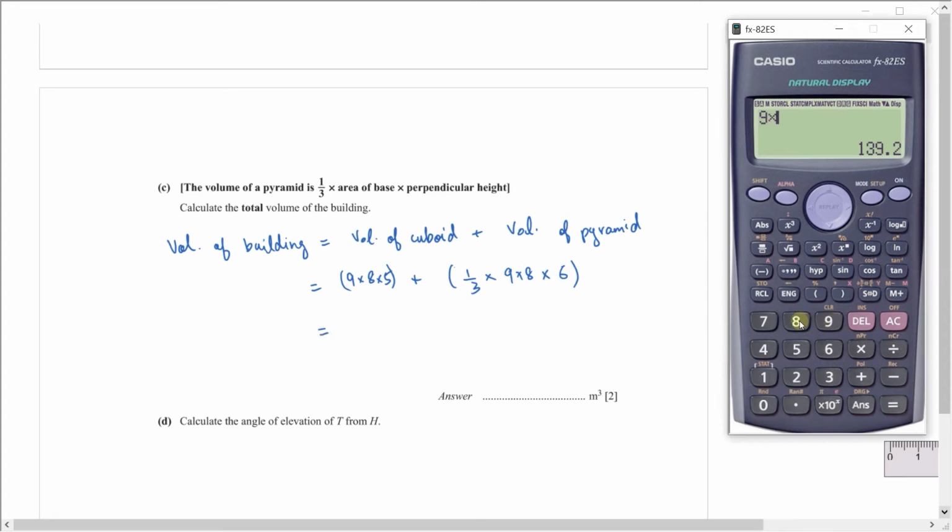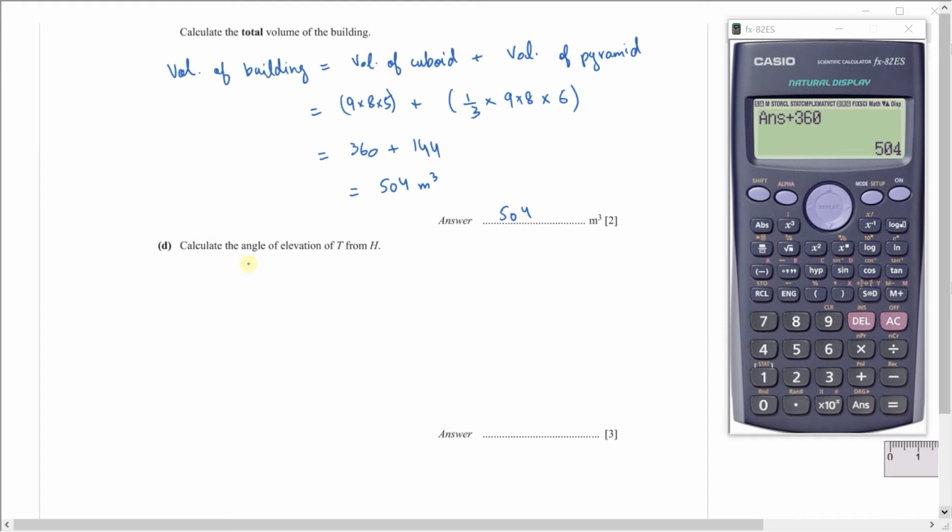So 9 times 8 times 5 is 360 plus 9 into 8 into 6 divided by 3, which is 144, plus 360 is 504. So your volume is 504 meter cube.